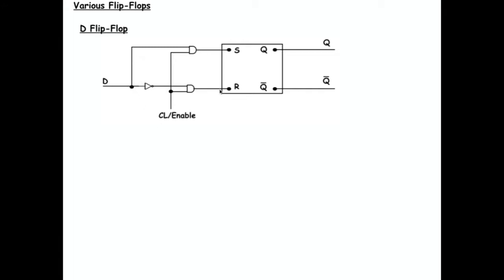Can somebody tell me what I'm doing here? What's going on? Well, we have D, whatever it is. Then I'm splitting it, and I'm sending its true value to set, and then I'm inverting its value and sending that to reset. What's the point of that? Why am I doing this? How does this make sense?